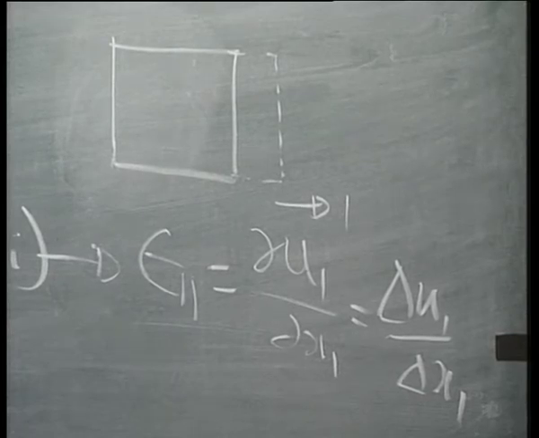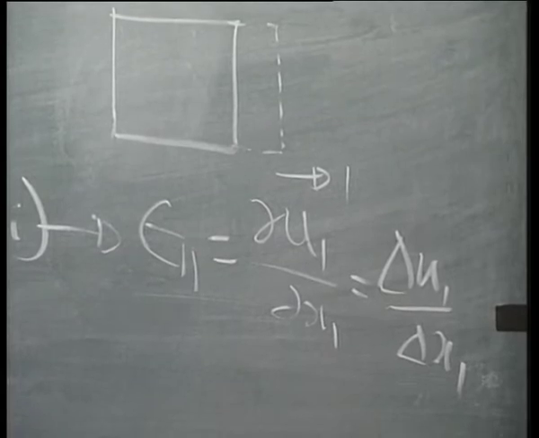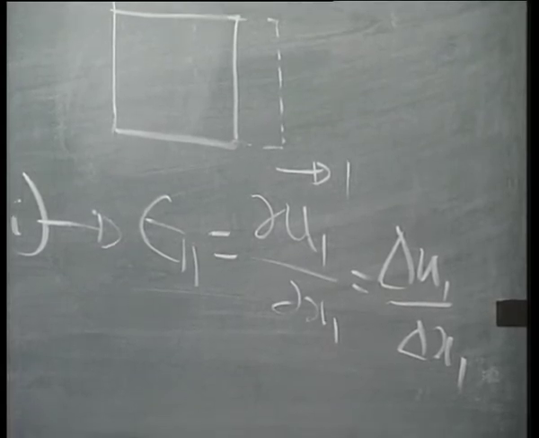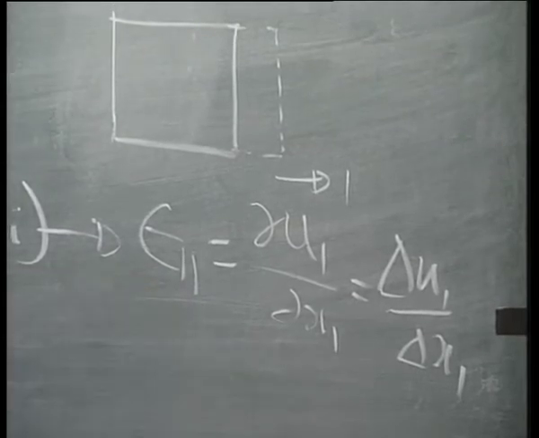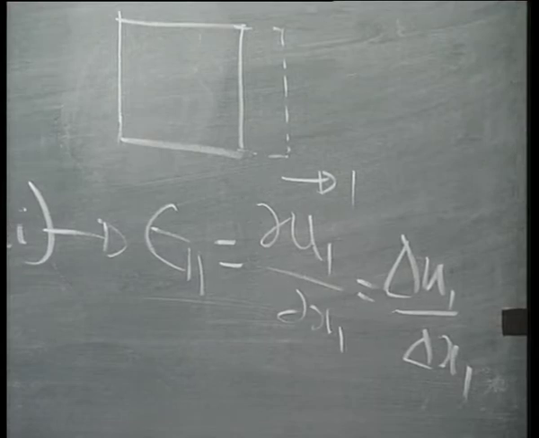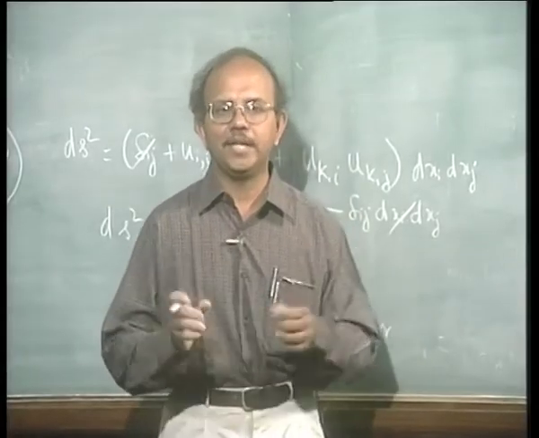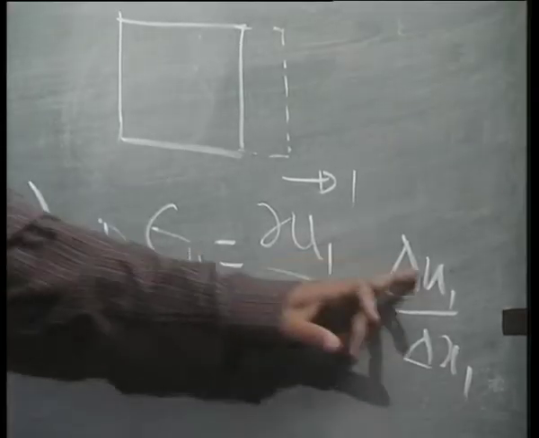So, delta u1 by delta x1. What does it signify? Change in length by original length. So, this small strain definition still retains my first philosophy of change in length by original length. That is what comes out in this case.